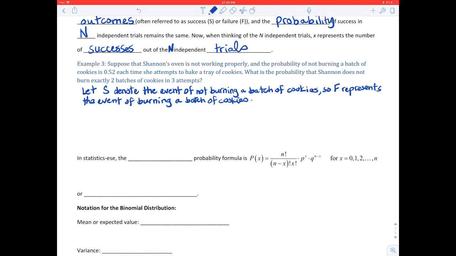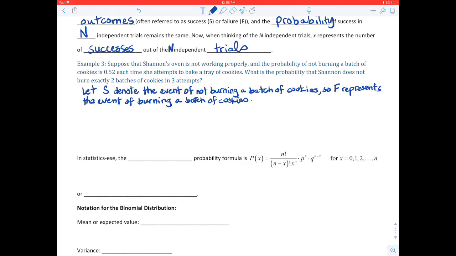All right, so what's going to happen here? We're going to assume independent trials, and what we're going to do is check out what could possibly happen in 3 attempts.